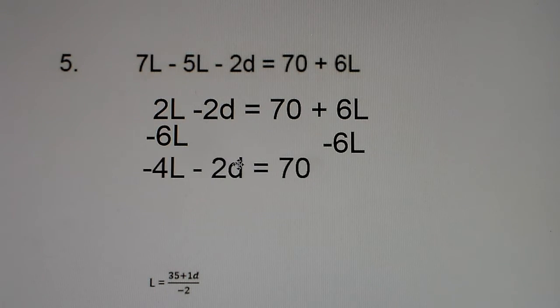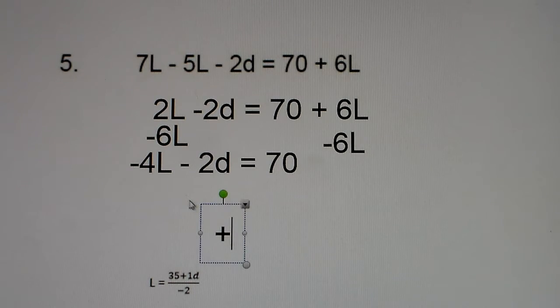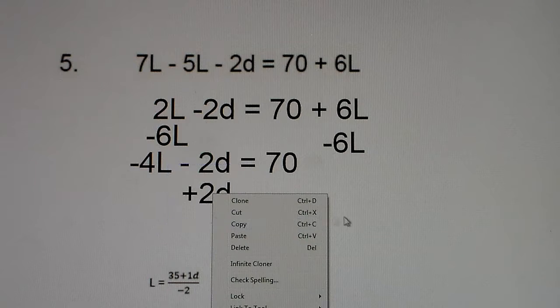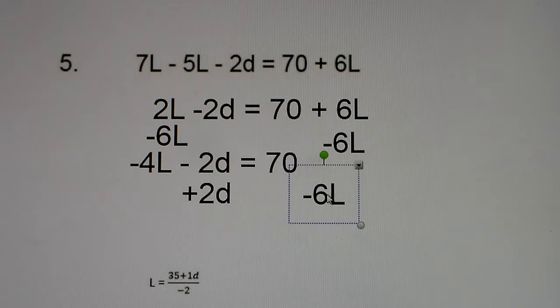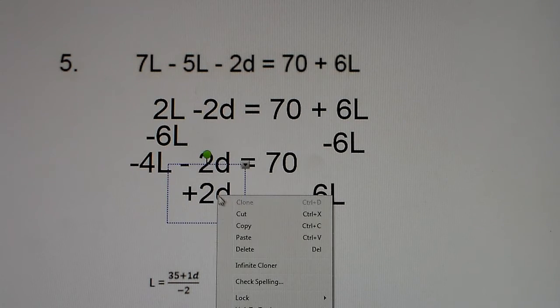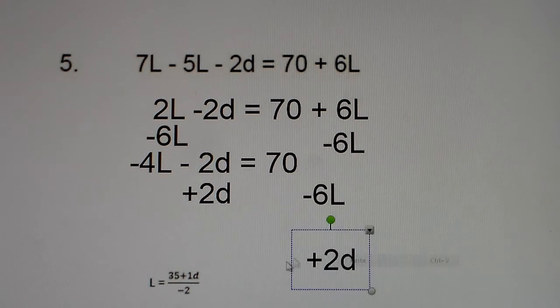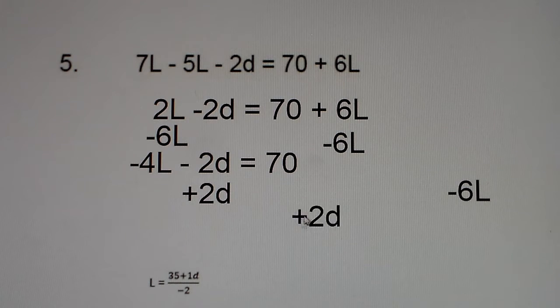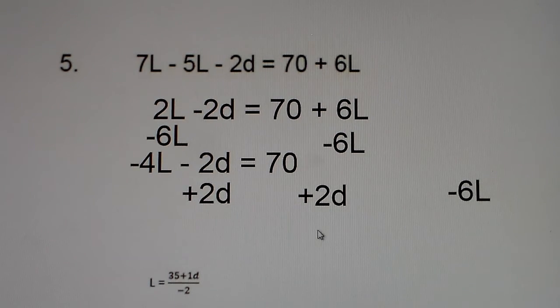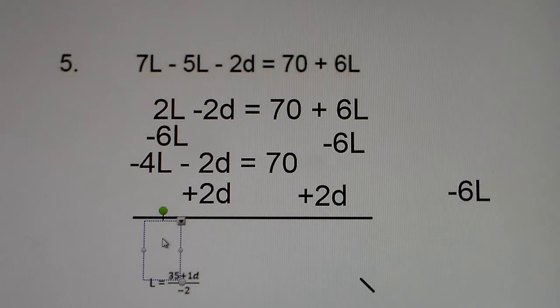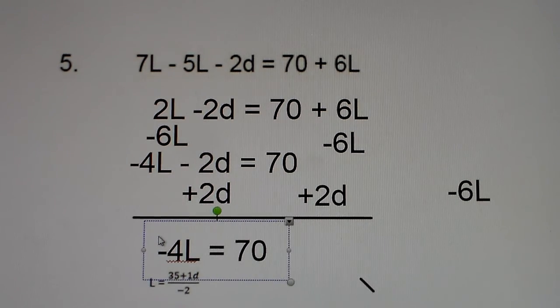Now I'm going to add 2d to both sides. So it gets a little bit longer here. And the problems get bigger. So add 2d. 70 and 2d, they're not like terms, so I don't combine them. So minus 4L equals 70 plus 2d.